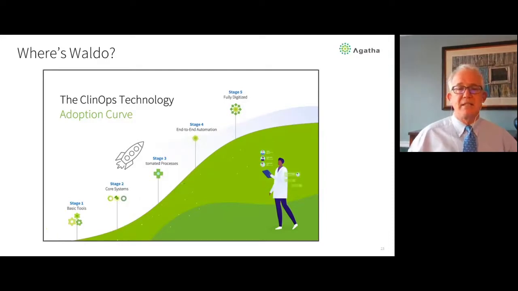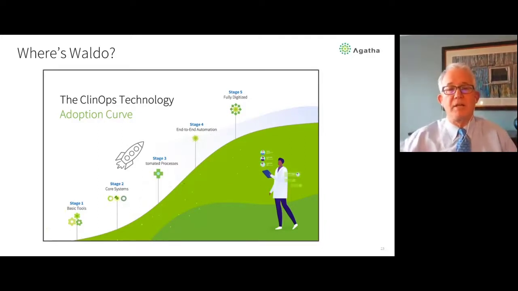In this case, I put the rocket for Waldo between 2 and 3. They've got core systems in place. And because I know this company, I know that they've automated within processes a fair amount. So where should they invest based on this?